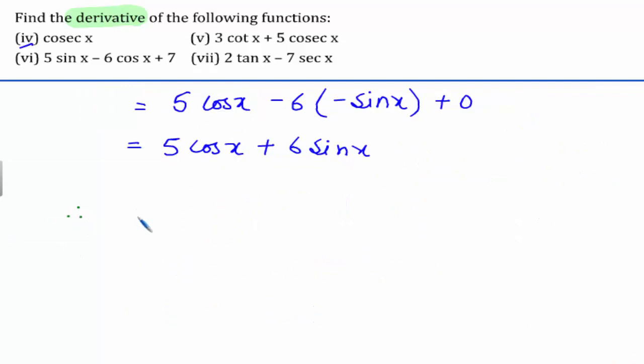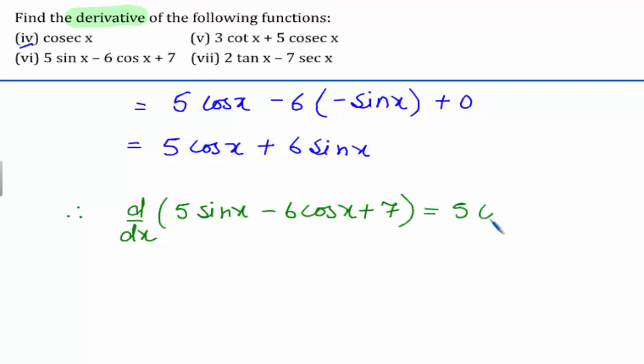Now proceeding on to the last part. In this part, let us define the function by p(x). So p(x) is 2 tan x minus 7 sec x, and we have to find p dash x, that is the derivative of the given function with respect to x.